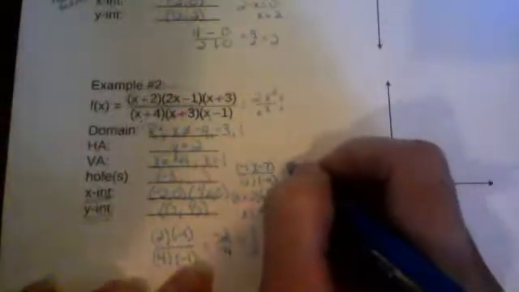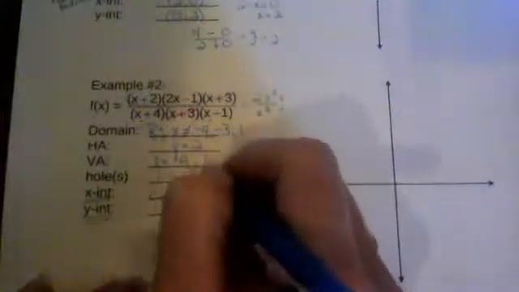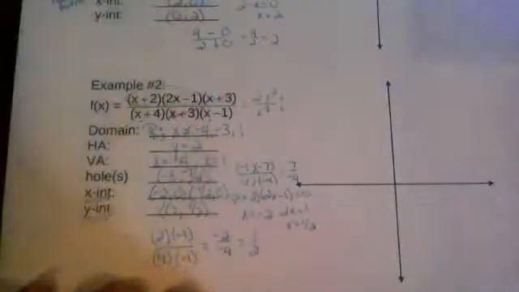So I end up with 7 over -4, so -7/4. All right, so we have all of our information.